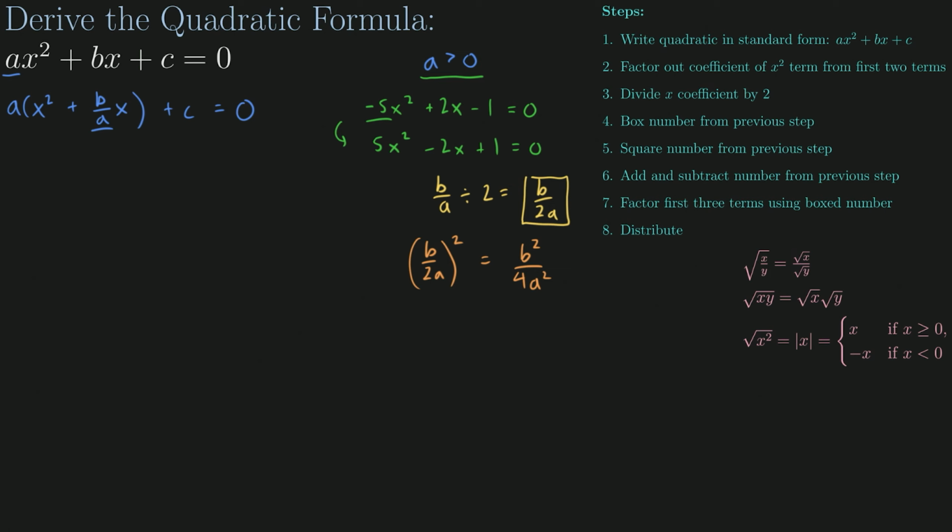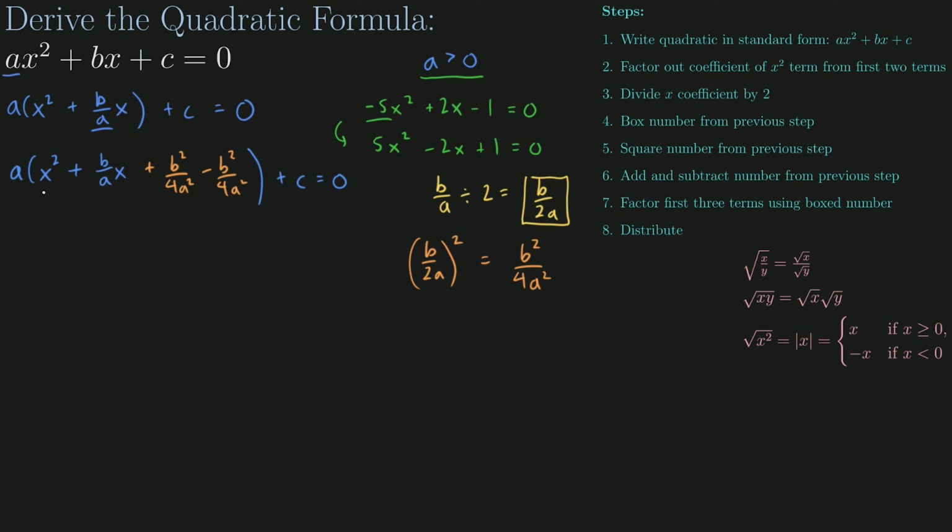And for step 6, we're going to add and subtract that number inside our parentheses. So we have a times (x squared plus b over a x plus b squared over 4a squared minus b squared over 4a squared), plus c equals 0.